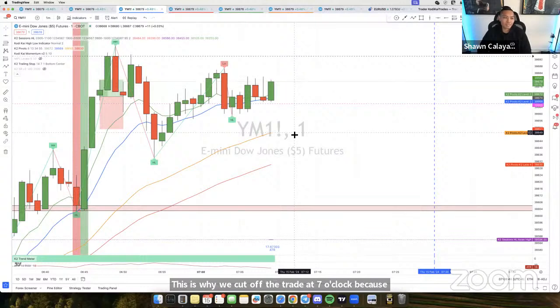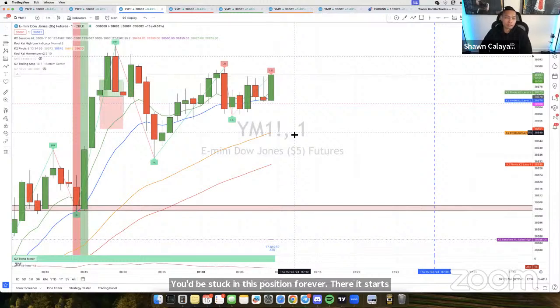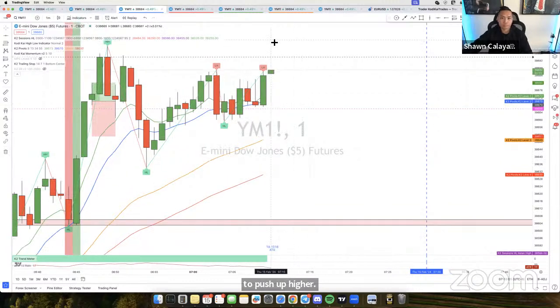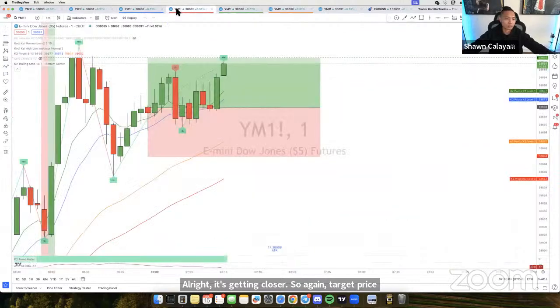You'd be stuck in this position forever. There you go. It starts to push up higher. All right, it's getting closer. So again, target price point is going to be the opening price right there. Almost there.